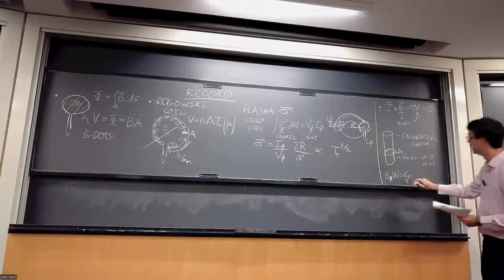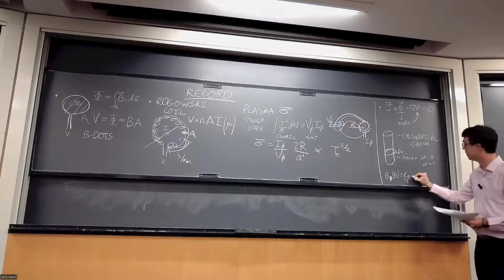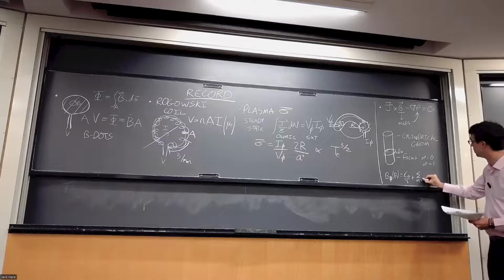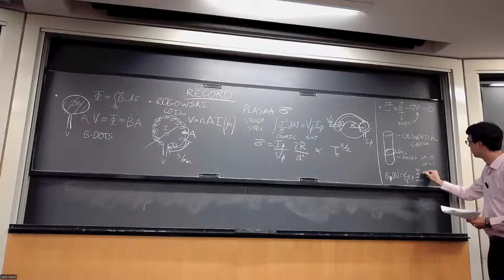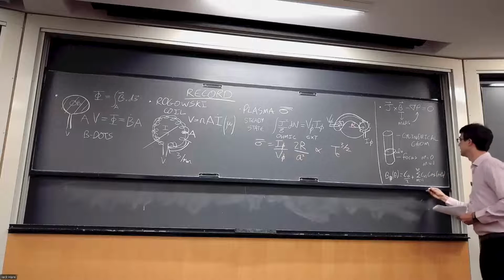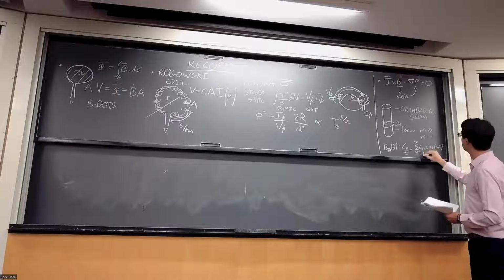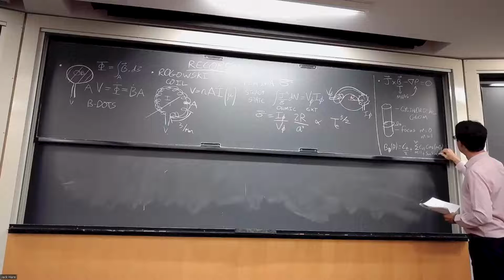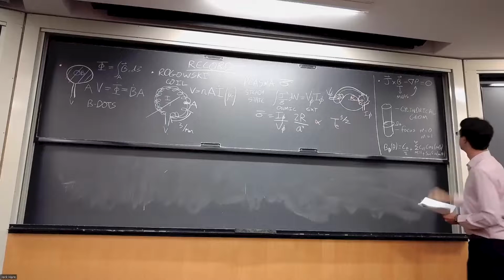So we'd have some DC component C0, and then we'd have a sum over these series of m modes from 1 to infinity with coefficients like Cm, cos m theta, running out of space, plus Sm sine m theta. Just about made it.